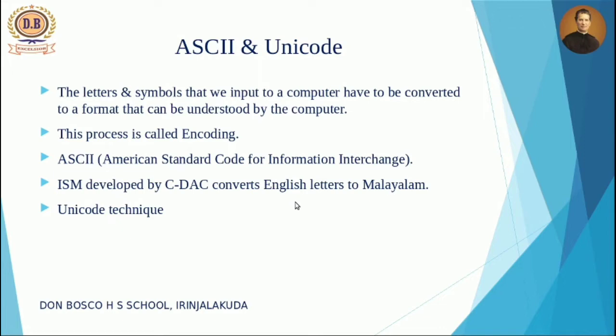And this was the main drawback for this software. We can see Malayalam letters, but it is encoded as English letters. So it is difficult to search or find the Malayalam words from the input data. So that was the main drawback for the ISM software developed by CDAC.